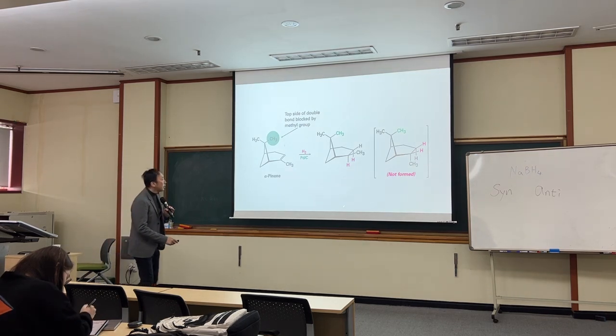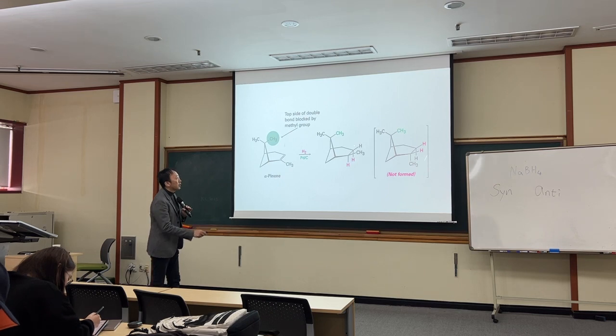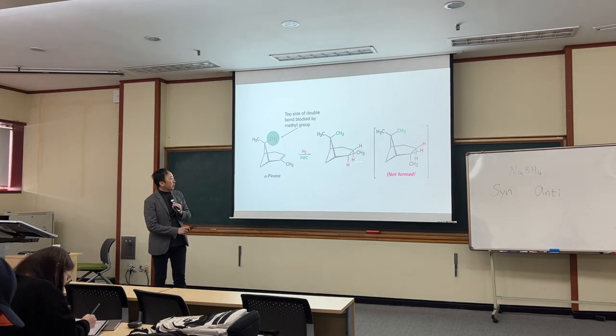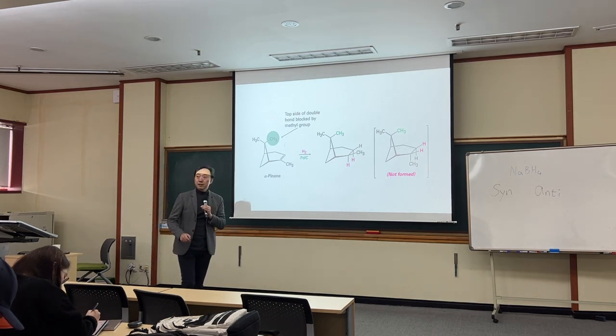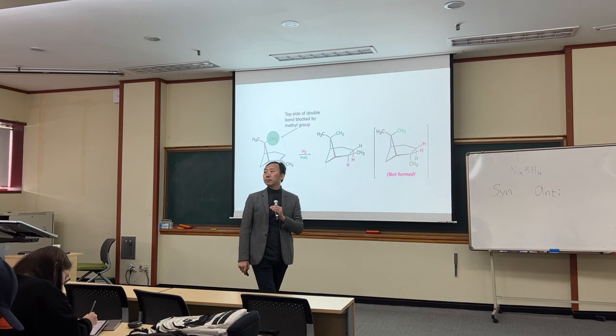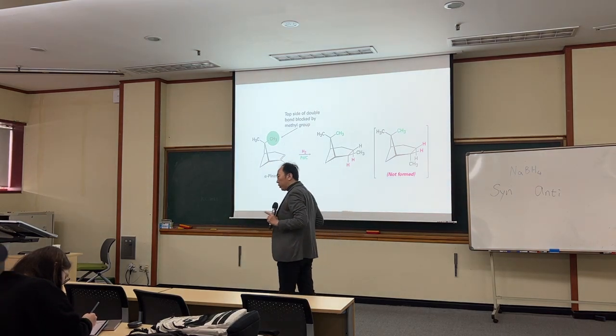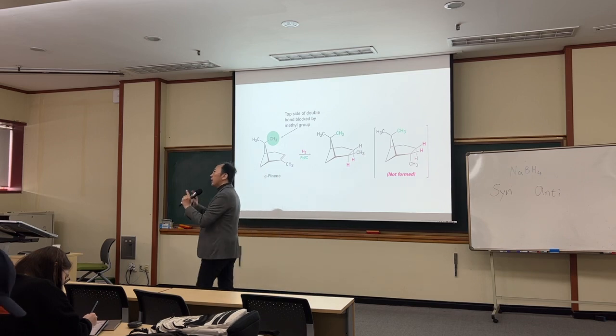That's why hydrogen approaches from here rather than here. Both of them are syn, but if you look at the selectivity, this one is more preferred. Makes sense, right? So in this case, this is syn addition because the two hydrogens are added together from the same surface.